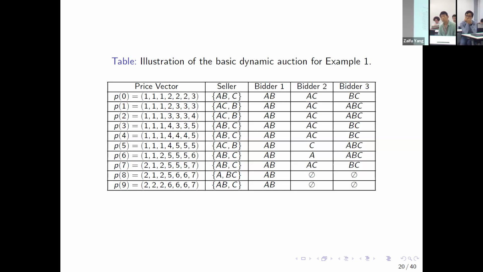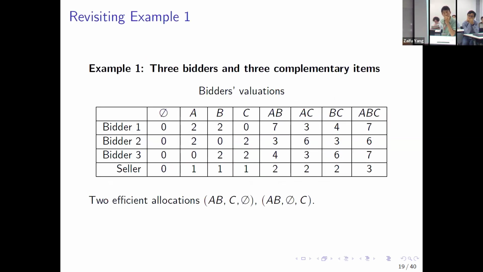And if you look at the example, it's indeed optimal for both bidders. So he's actually indifferent between taking one or not.